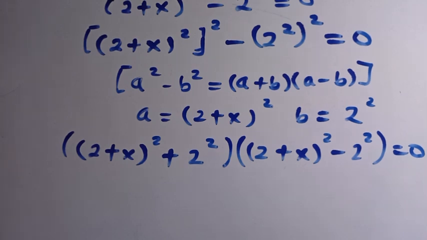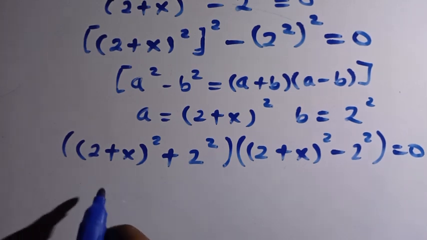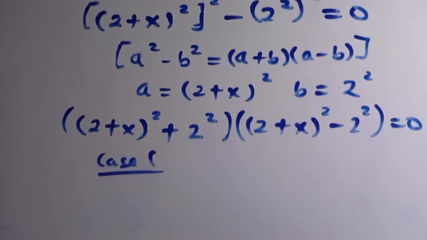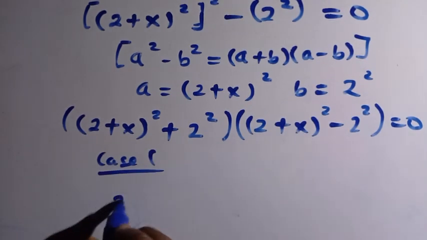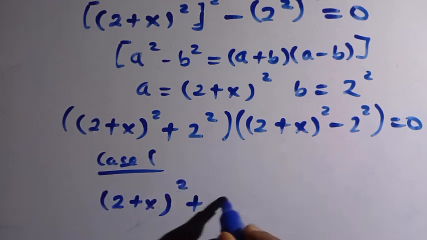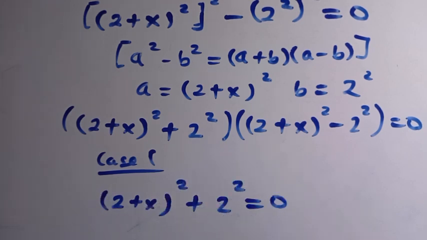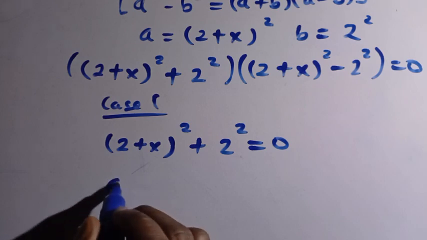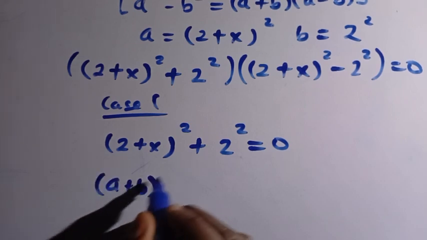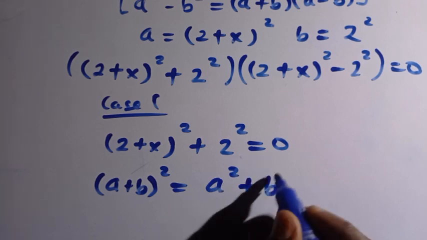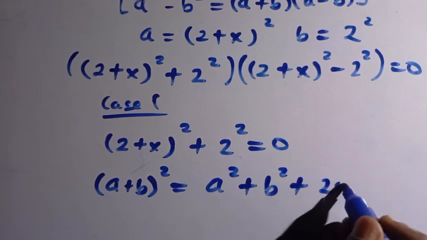From this, there are two cases here. We have case 1. We are going to let (2 + x)^2 + 2^2 = 0. And I try to expand this. This is in the form (a + b)^2 = a^2 + b^2 + 2ab.